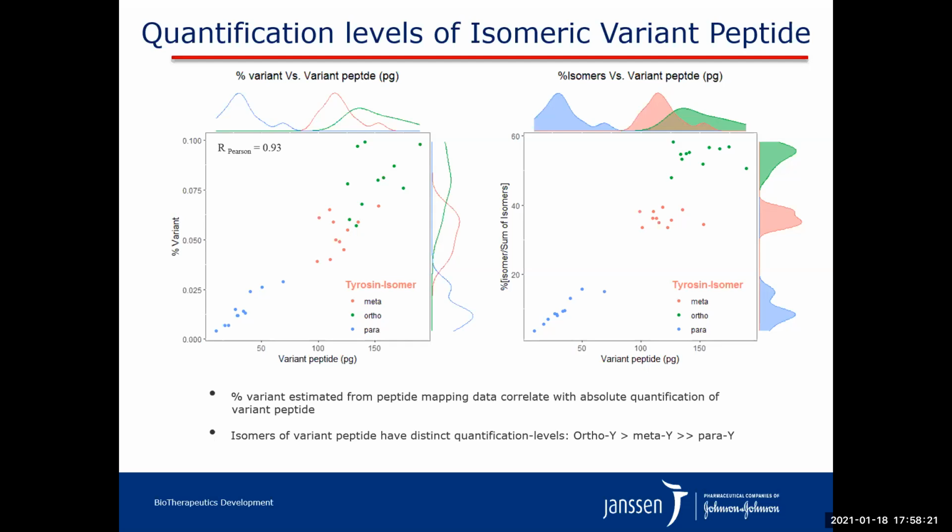The scatter plot on the right shows each isomer normalized to all other isomers as a function of the absolute amount calculated, again, by the slope of the calibration curve. This analysis clearly shows that the isomer levels are significantly different for the clones in this study. In particular, we note that both ortho and metatyrosine are more prevalent than the commonly observed paratyrosine variant of these peptides.